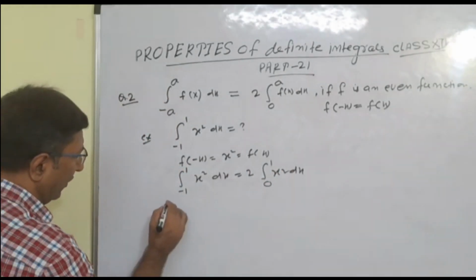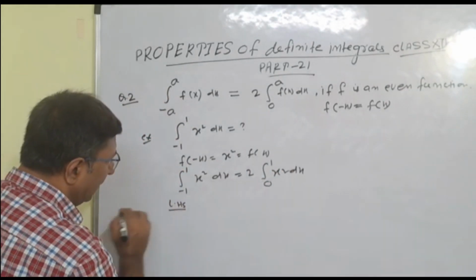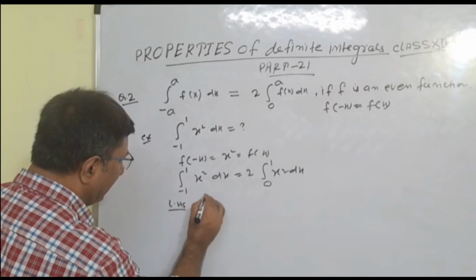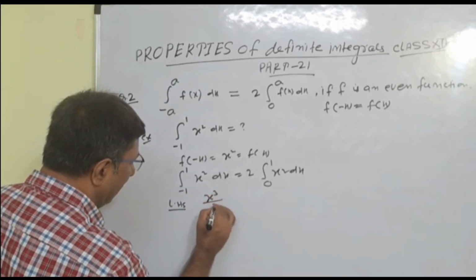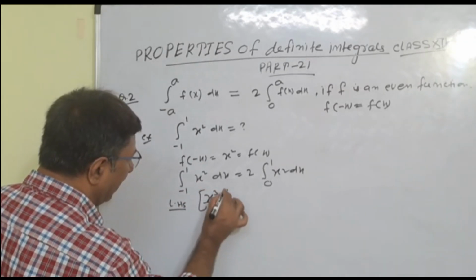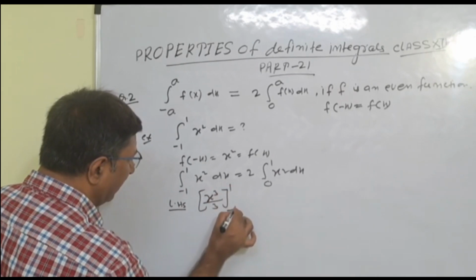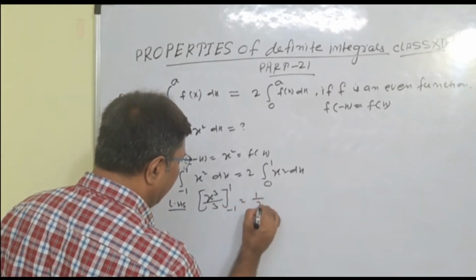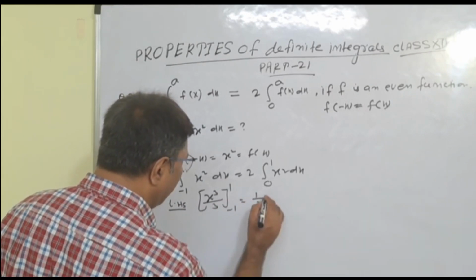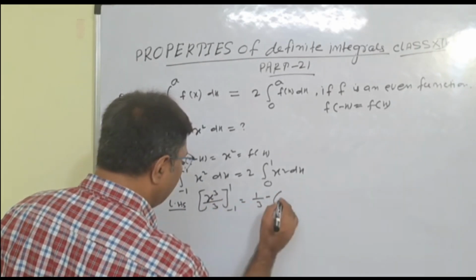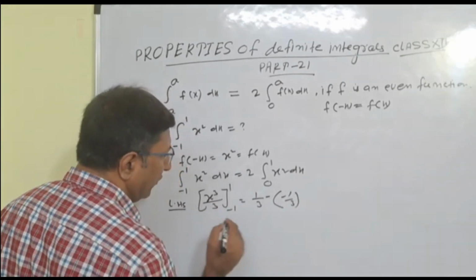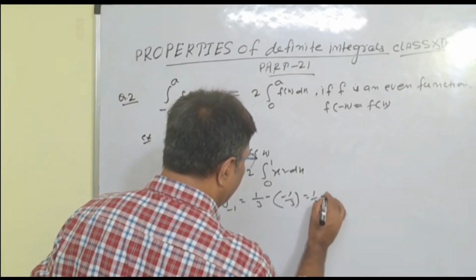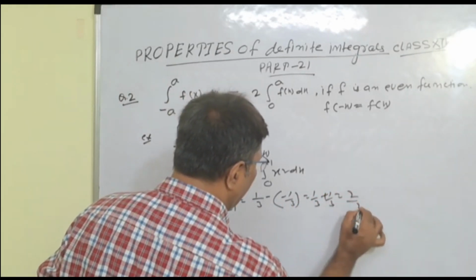So we can solve this here. The integration of x square is x cube upon 3, and here the upper limit is 1 and the lower limit is minus 1. When we put the upper limit we get 1 by 3, and when we put the lower limit, minus 1 by 3. So we'll get 1 by 3 plus 1 by 3, that is 2 by 3.